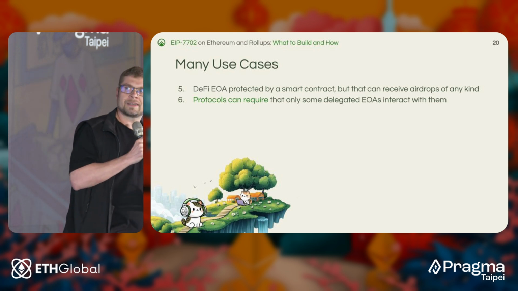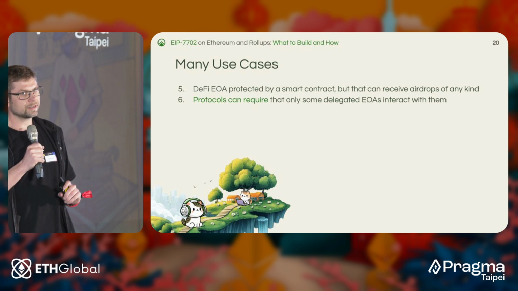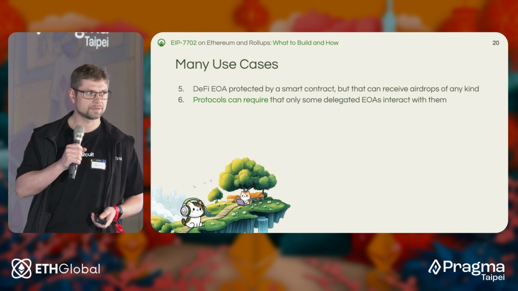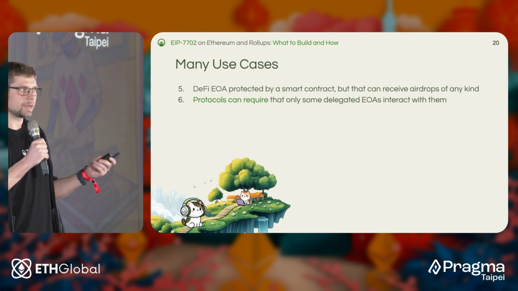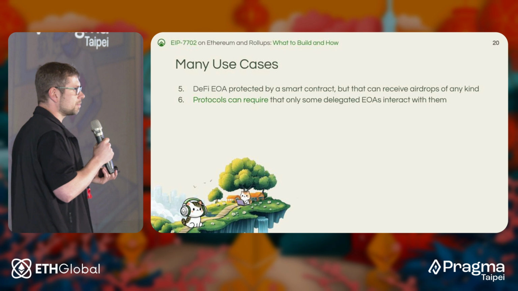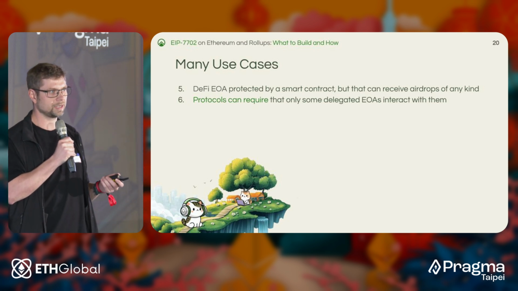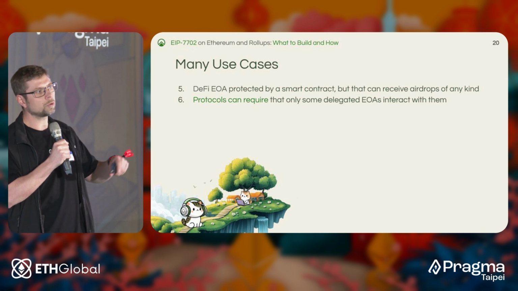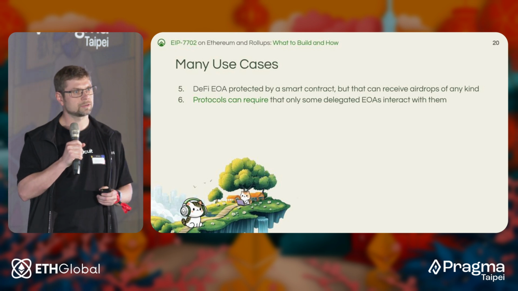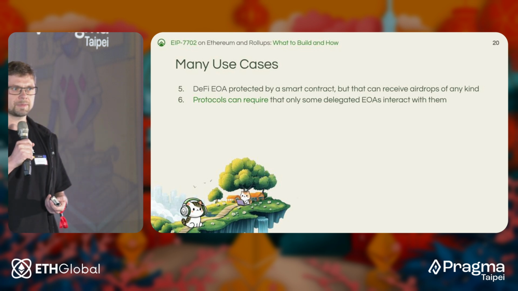Another cool thing is that EIP 7702 is here not only for the owners of those externally owned accounts, but also for protocols. So imagine again that you're building a DeFi protocol. What you could do is restrict the possibility to interact with your protocol only to accounts that are delegated to some certain template, and you could enforce that this interaction happens through the template.